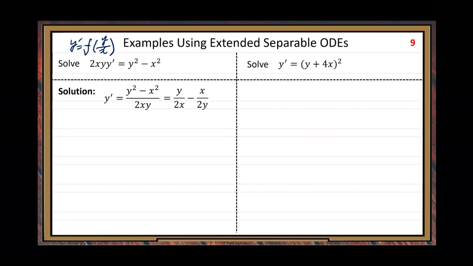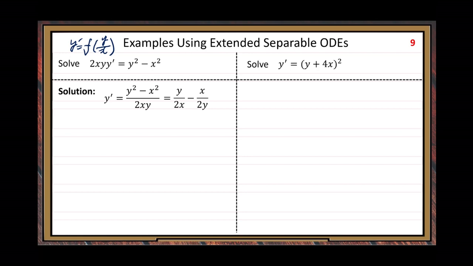The first term, no problem, right? How about the second term? It's inverse, but we call it the reciprocal of y over x.